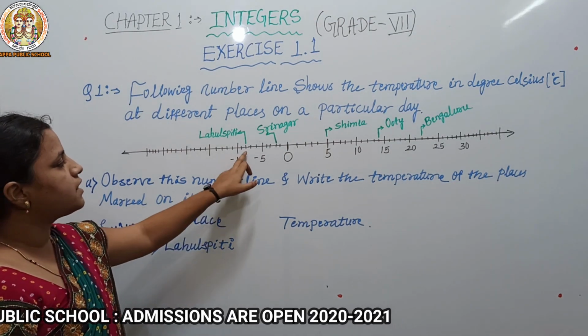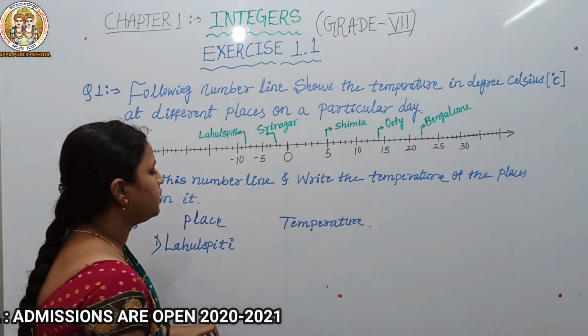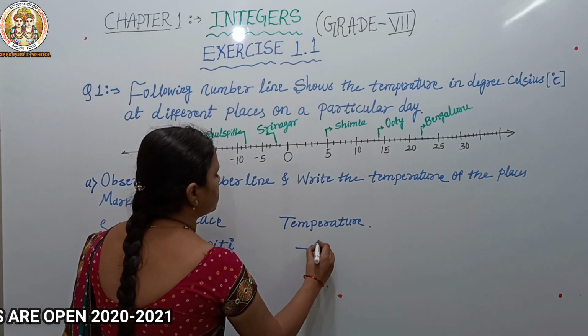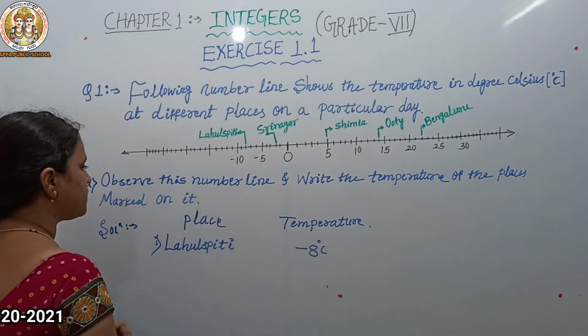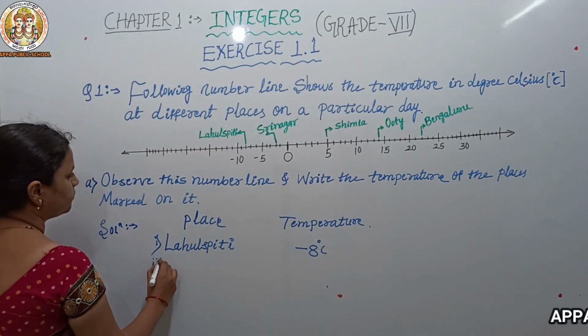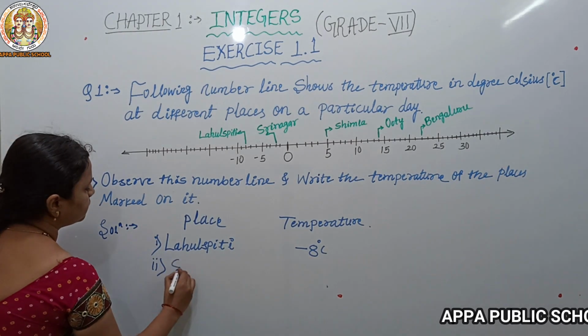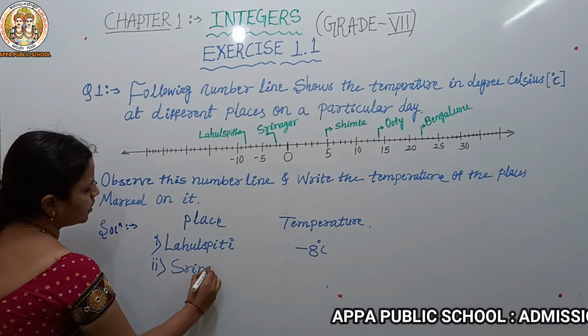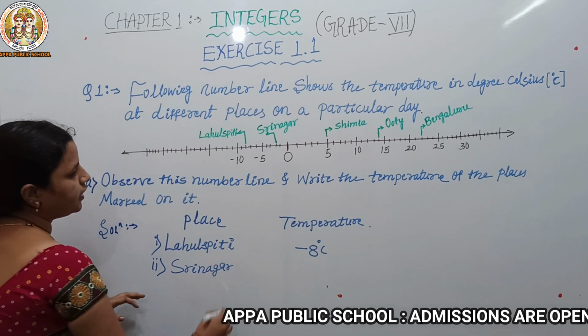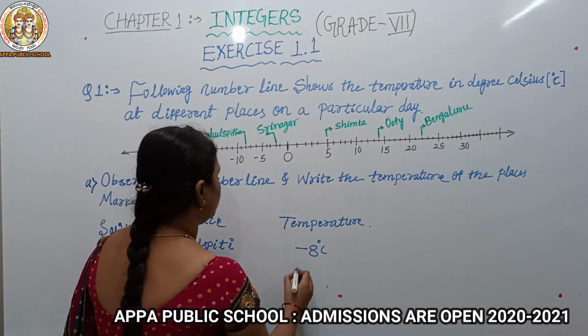Lahaul Spiti is at a temperature of -8 degrees Celsius. The next, second one, Srinagar. Srinagar is at a temperature of -2 degrees Celsius.